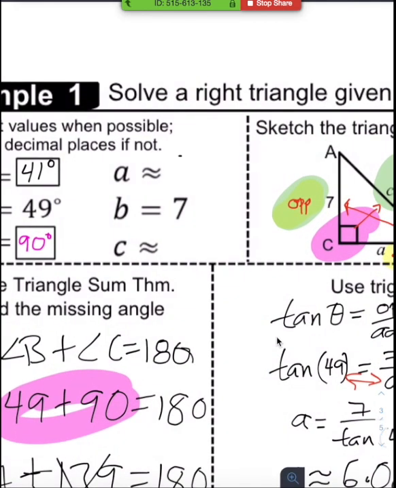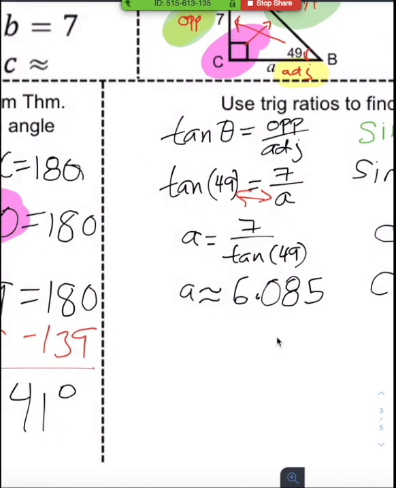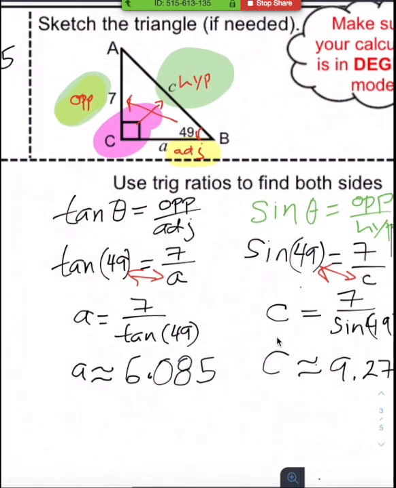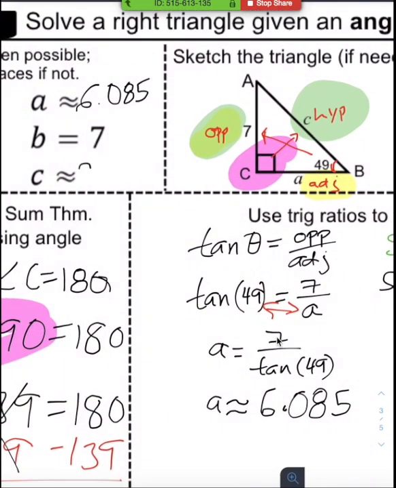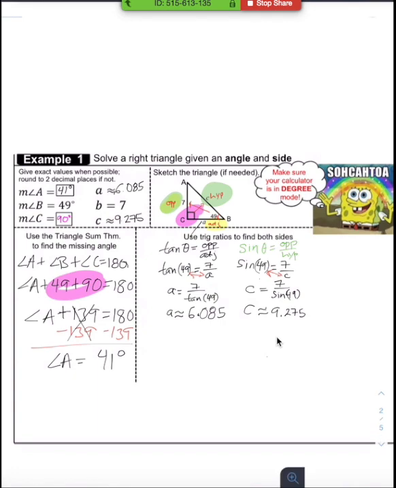This is 6.085, and C was 9.275. So every time you're solving for a triangle, you're looking for all the angles and all the sides.